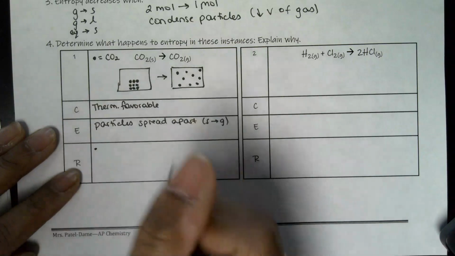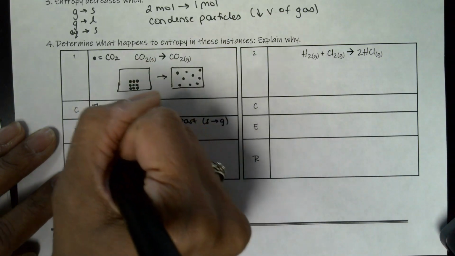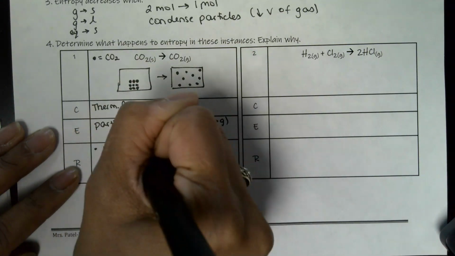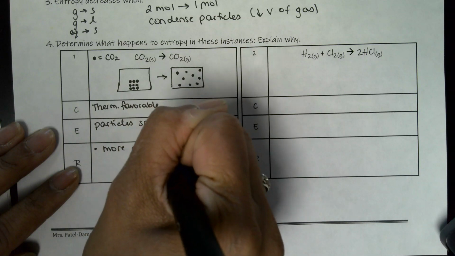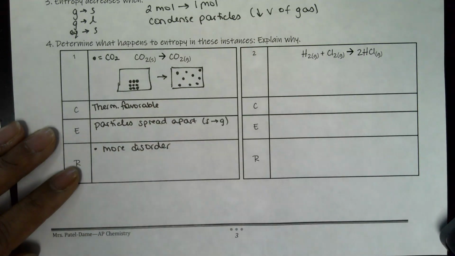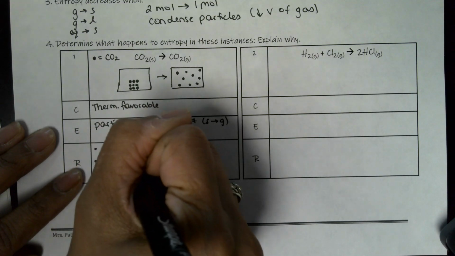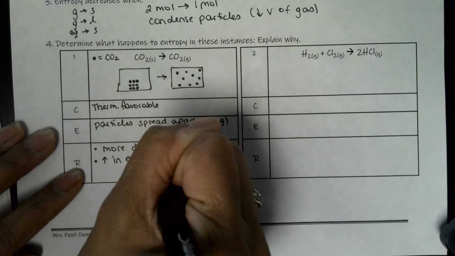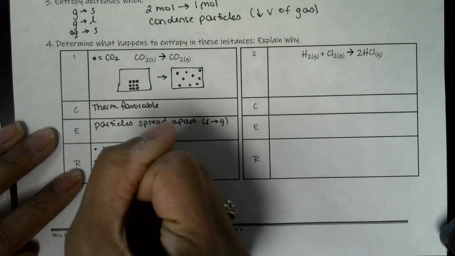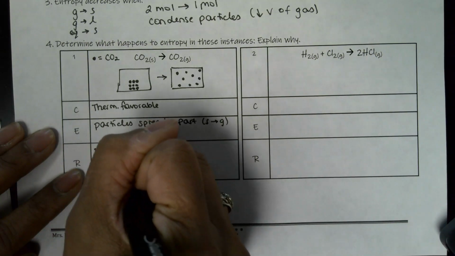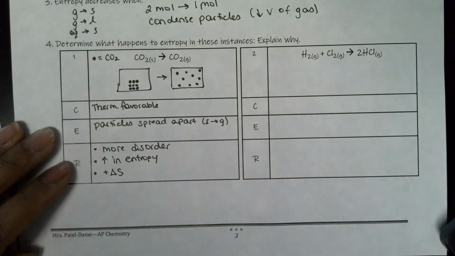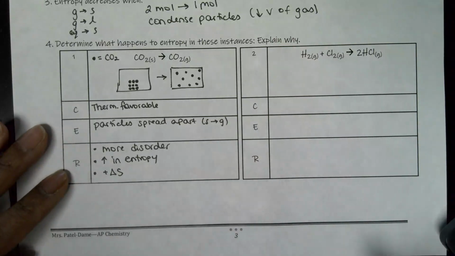For reasoning, there is more disorder, and there's an increase in entropy, and our delta S is positive. Cool, so that's how we would describe each of these.